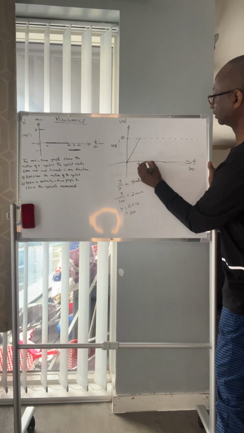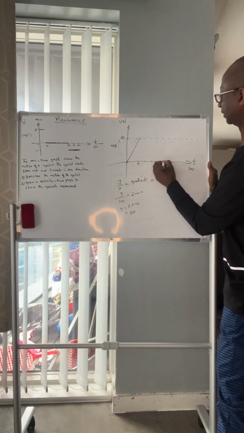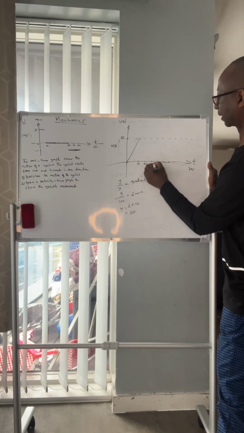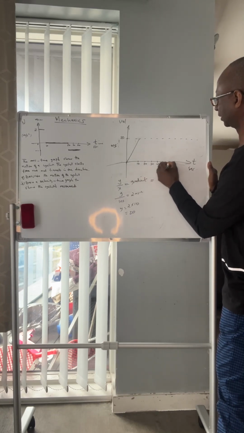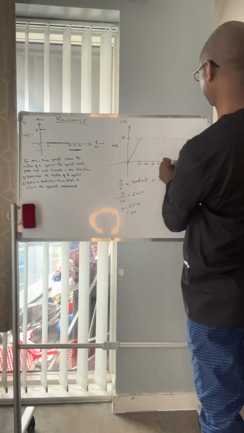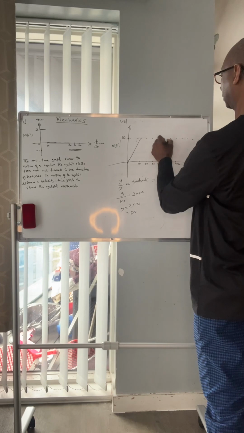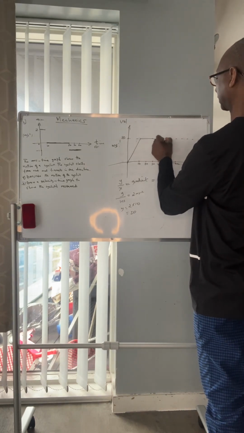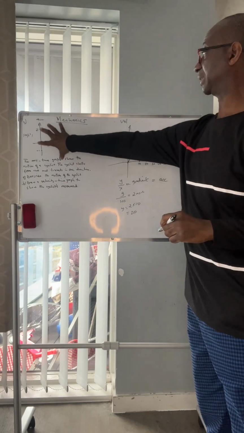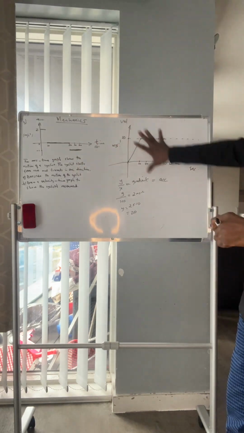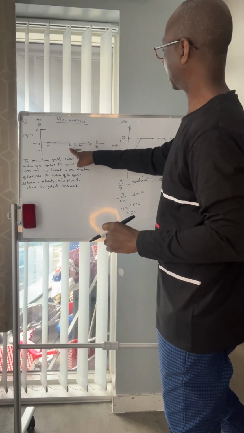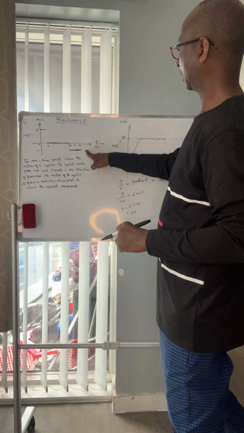So if we have 10, 20, 30, 40, 50, 60, 70 on the time axis, from 10 to 50 here, it was doing constant velocity. We are interpreting this acceleration time graph into a velocity time graph. And then what did he do? From 50 seconds to 70 seconds, he slowed down his speed.